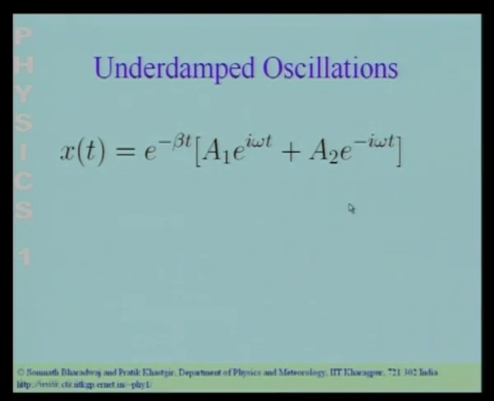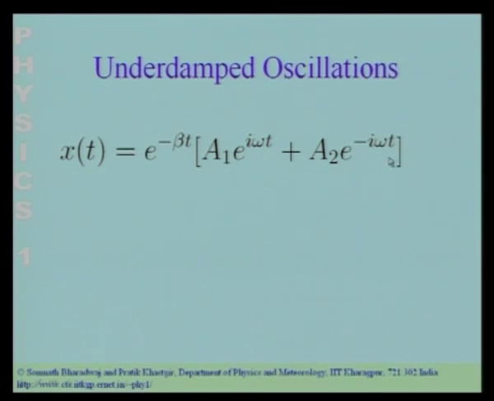Let us now spend a few minutes and understand the behavior of this solution. How do we expect this solution to behave with time? Let us first look at the terms in the square brackets over here. The terms in the square brackets, namely a1 e to the power i omega t plus a2 e to the power minus i omega t.